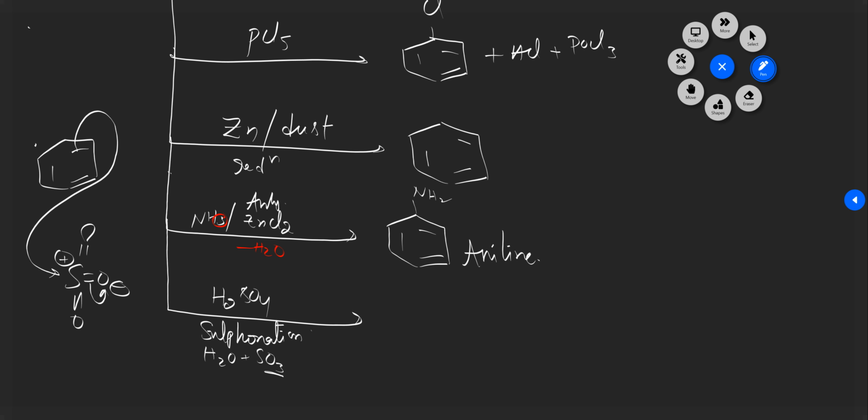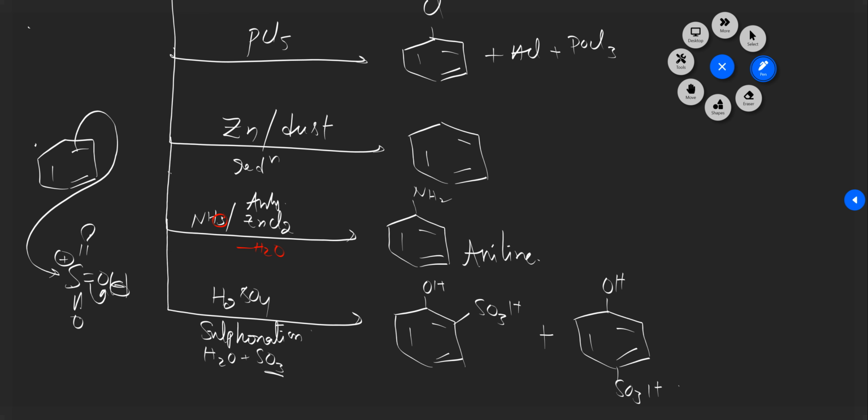After protonation, HSO3 is directly attacking on the ortho position and para position. Here OH, here SO3H, ortho. Next one is OH, and this one is para position.